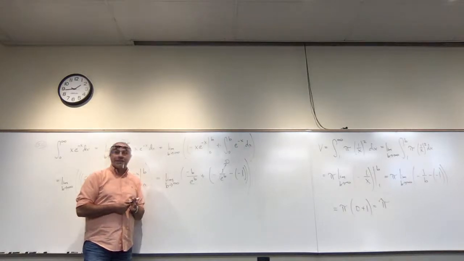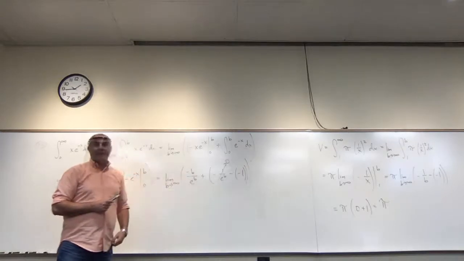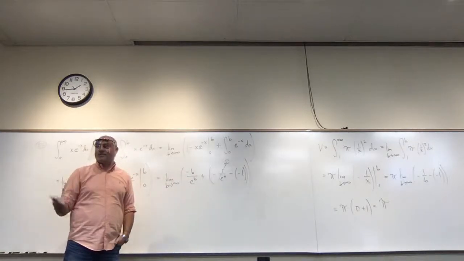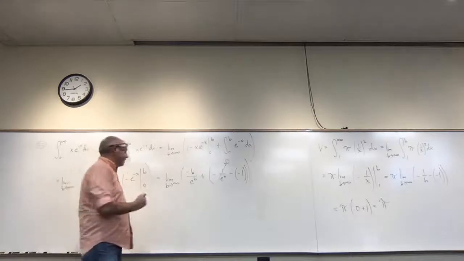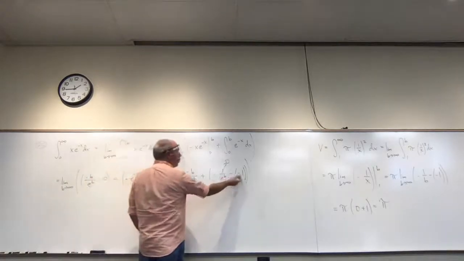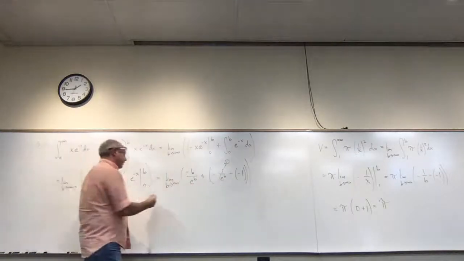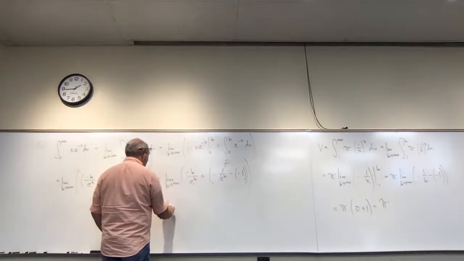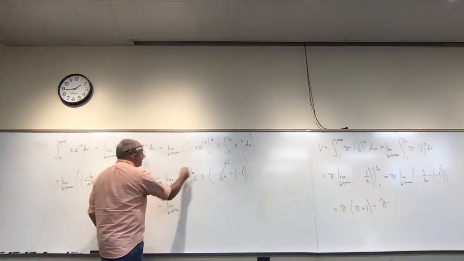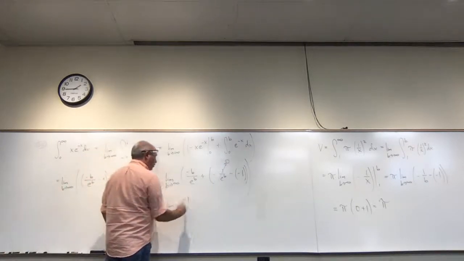L'Hopital's rule. That's right. So what I need to do is take the derivative of the top and the derivative of the bottom with respect to b. By the way, the limit as b goes to infinity of 1 is 1, right? So that one's done. I'll just have 1 at the end. But this other one, I get the limit as b goes to infinity of the derivative of negative b with respect to b, which is negative 1.